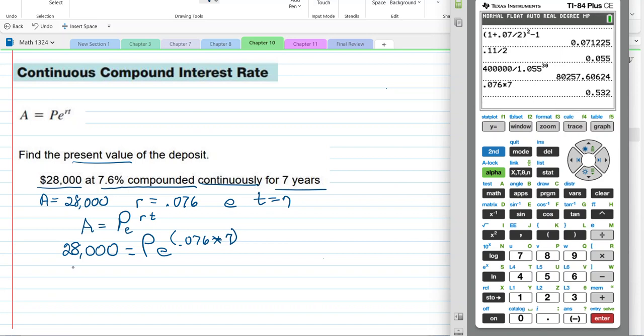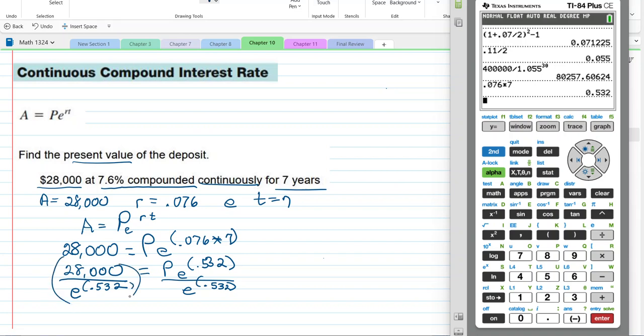All right. Okay. So I have 28,000 equals P E raised to the 0.532. All right. Now I'm going to divide both sides by this E. Right. Now I'm going to stick this in the calculator.